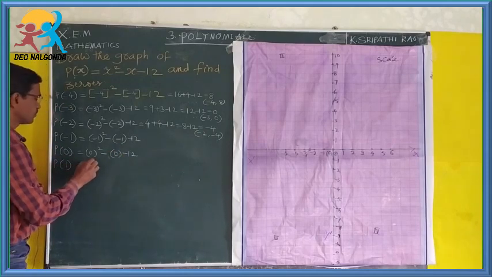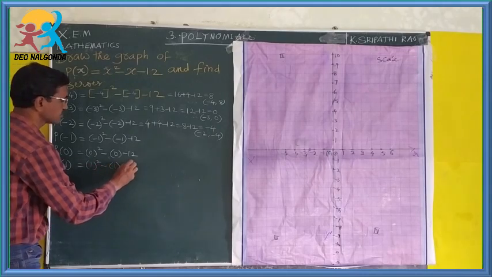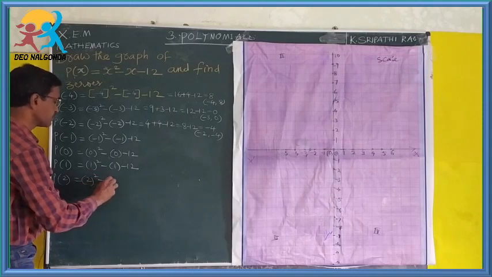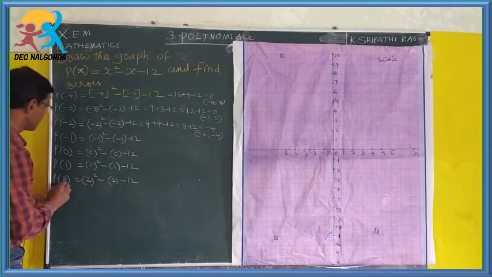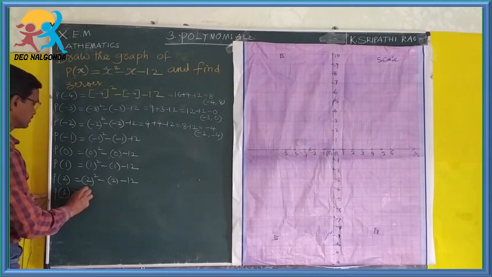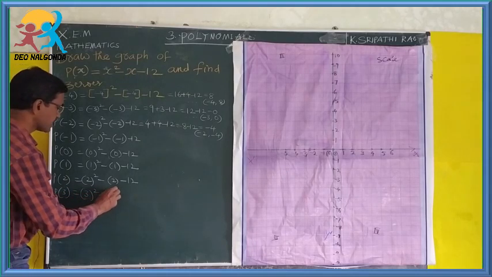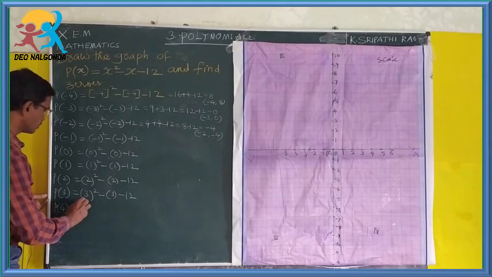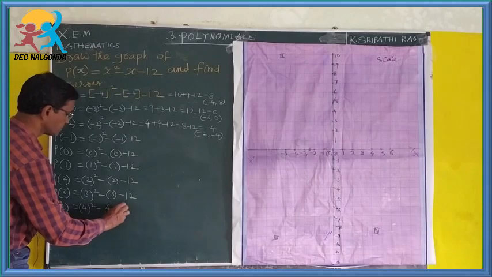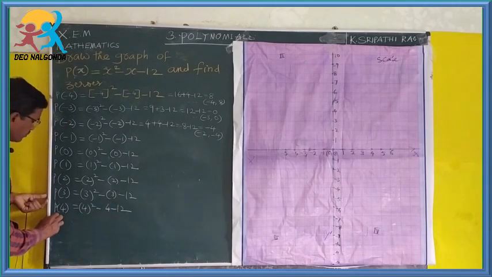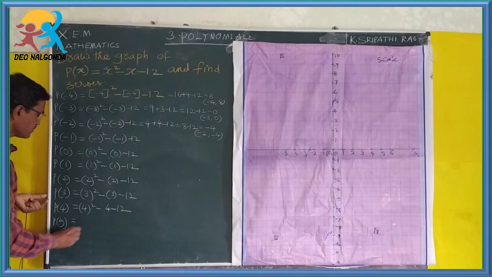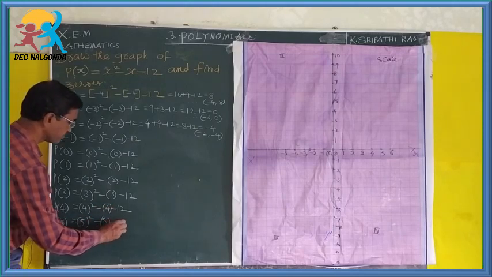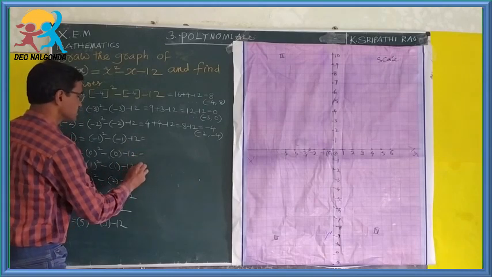Then 1: 1 square minus 1 minus 12. 2: 2 square minus 2 minus 12. 3: 3 square minus 3 minus 12. 4: 4 square minus 4 minus 12. We can take one more number also, 5 square minus 5 minus 12. Let us simplify all these.